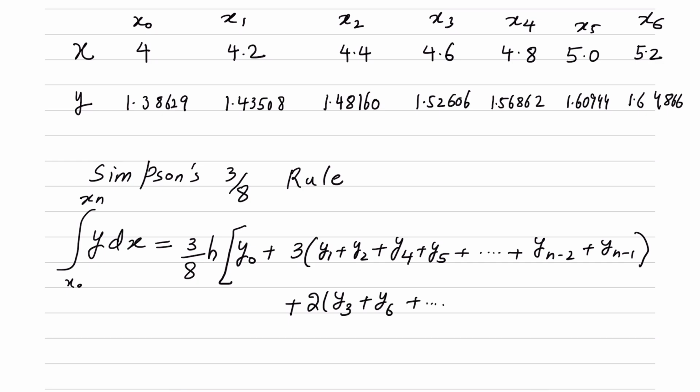In this part we have multiples of 3 subscripts, plus yn minus 3 and the last value yn.